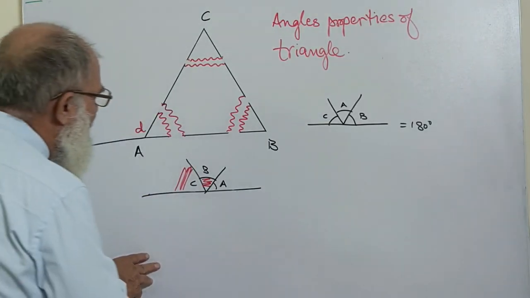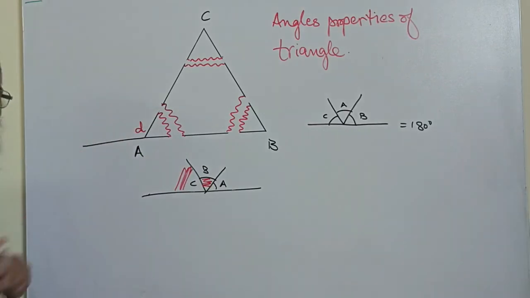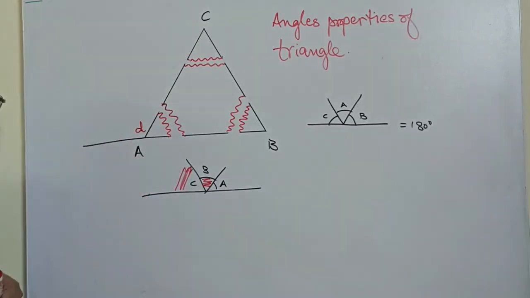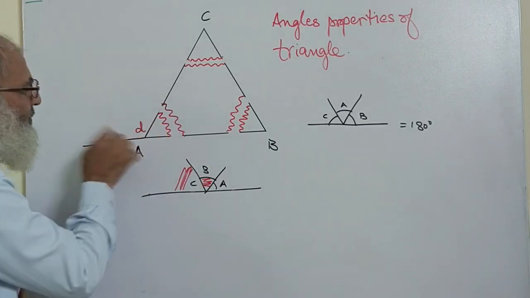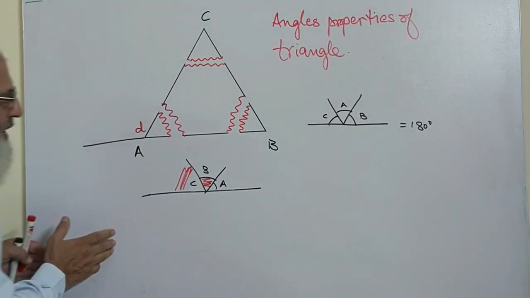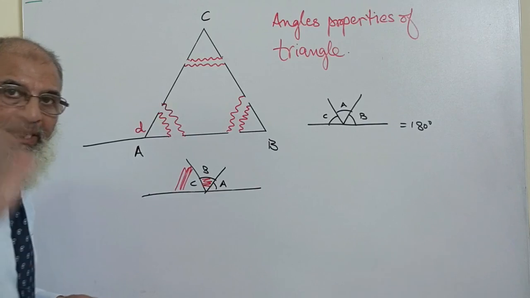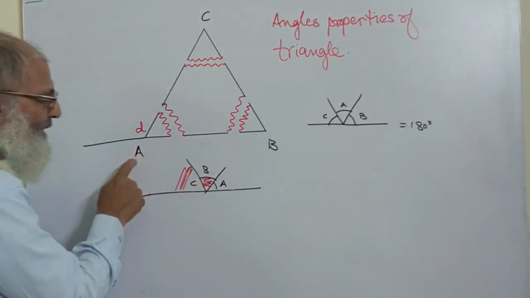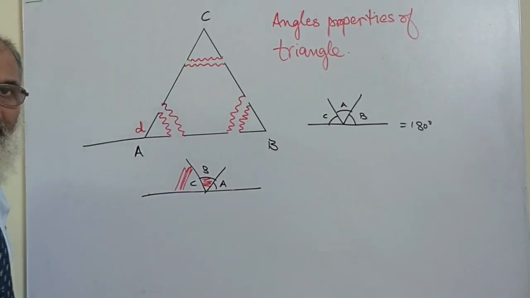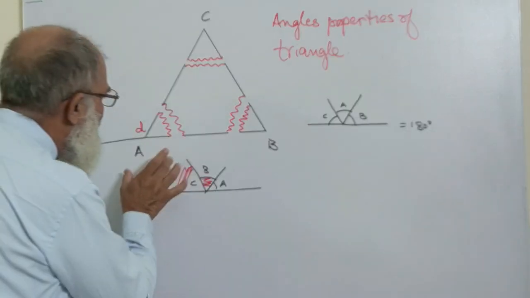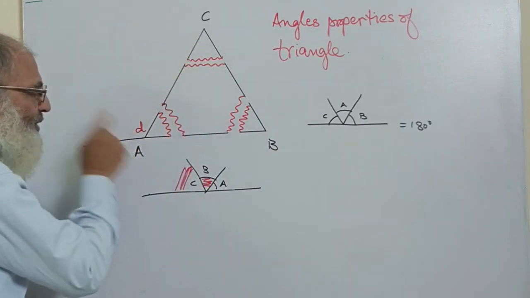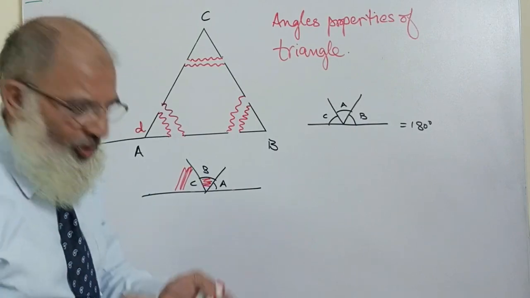So look at this figure very carefully. This is angle A and this is angle D. Just to repeat my words, B plus C plus A gives us 180 degrees. So it means that angle B plus angle C is equal to angle D. Got my point or not?